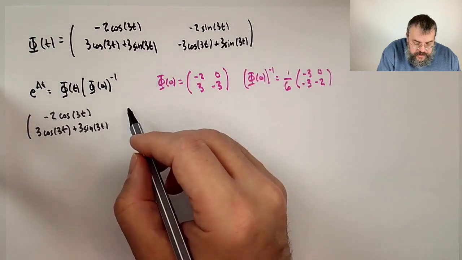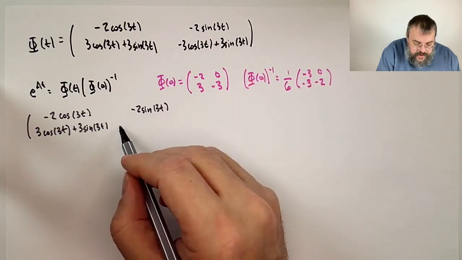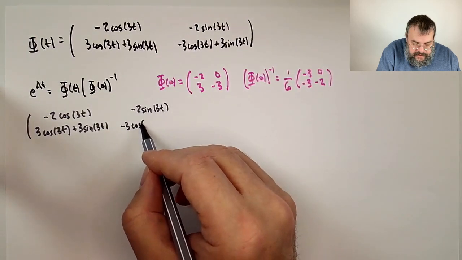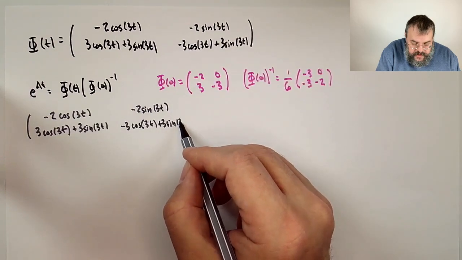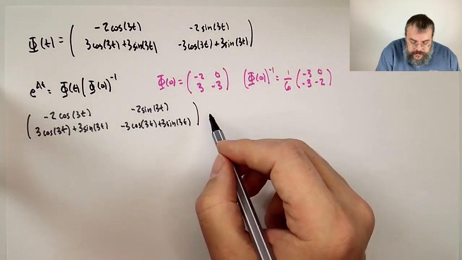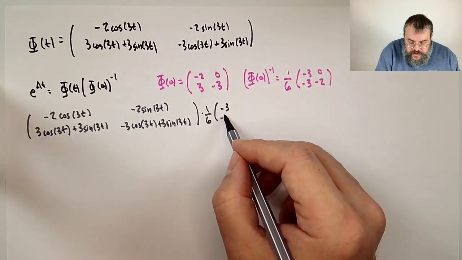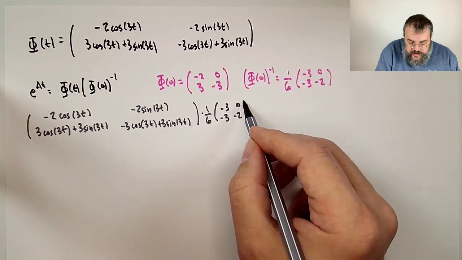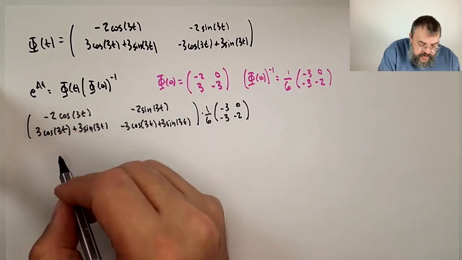We just have to be patient, not rush ourselves, make sure we're doing okay, and make sure we're having a good time. If we're not enjoying it, what's the point? 1 over 6, minus 3, minus 3, 0, minus 2. All right. This is e to the At.